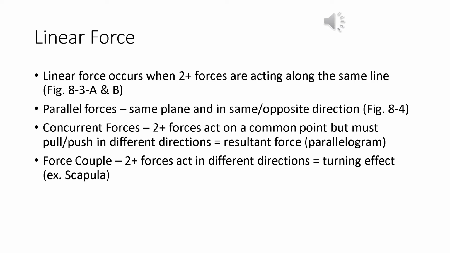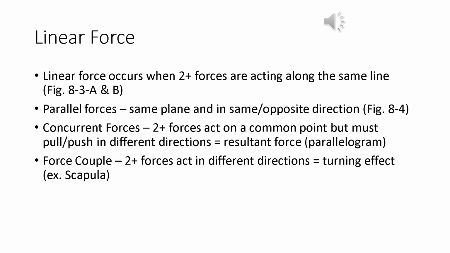Now, we already looked on figure 8-2 at a concurrent force. So we had two forces pushing or pulling in different directions. So we had one person, force A, pushing to the right, and force B pushing up. Showing what is termed as a resultant force.